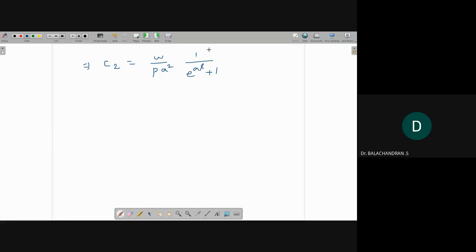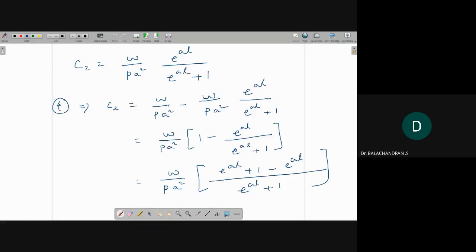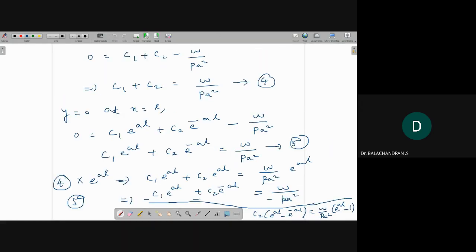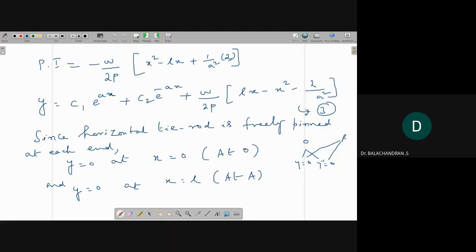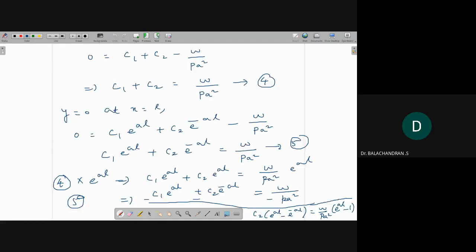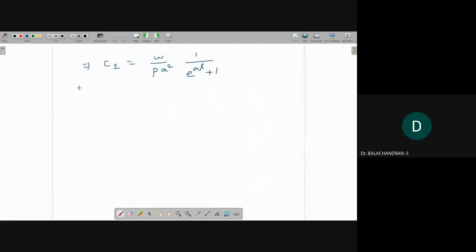Now I am going to substitute the values of C1 and C2 in equation number 3. Please check carefully whether I am writing correctly.